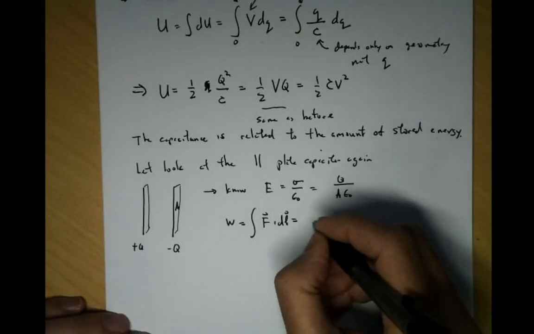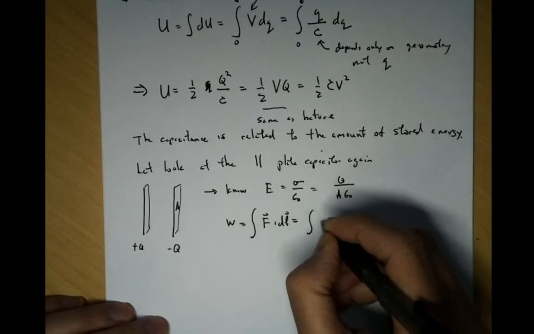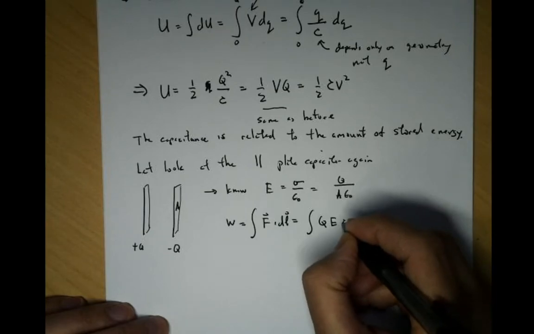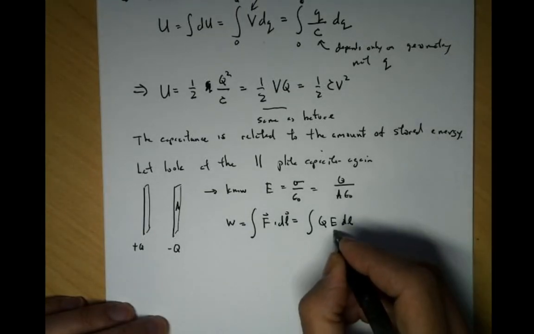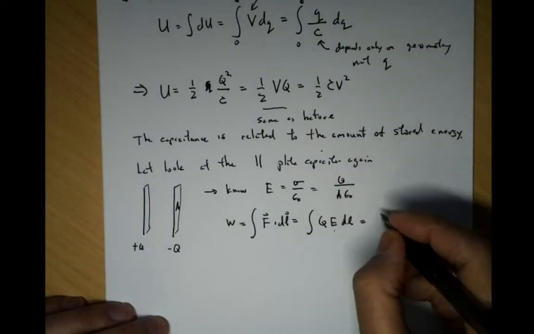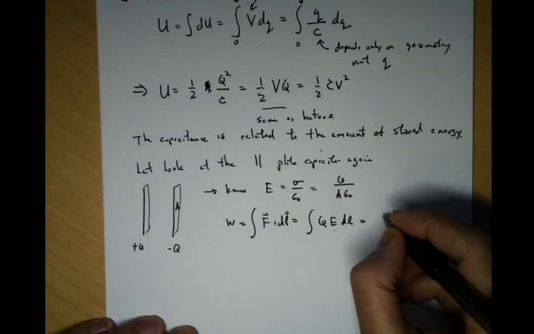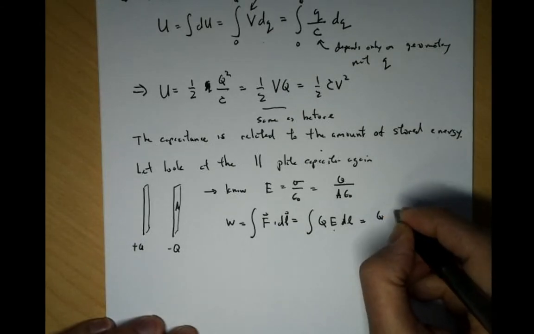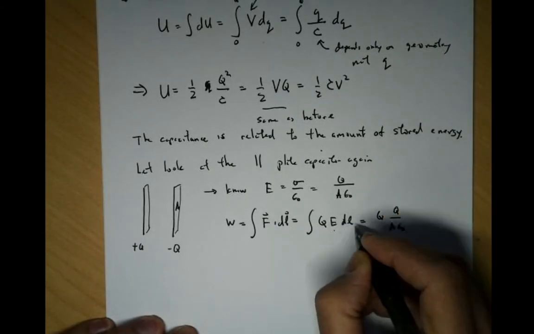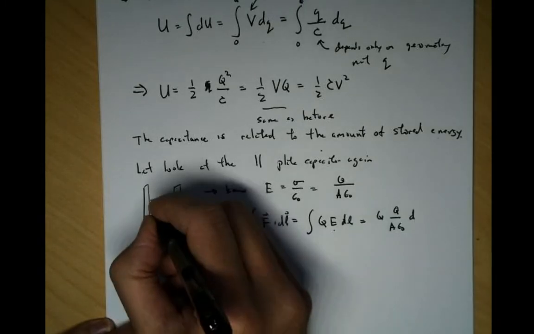And so this is going to be equal to, well, this is some Q times E times the dl. E is a constant along basically this x direction. So this is going to be Q times Q over A epsilon naught times the integral of dl, which is just the distance I pull them apart.